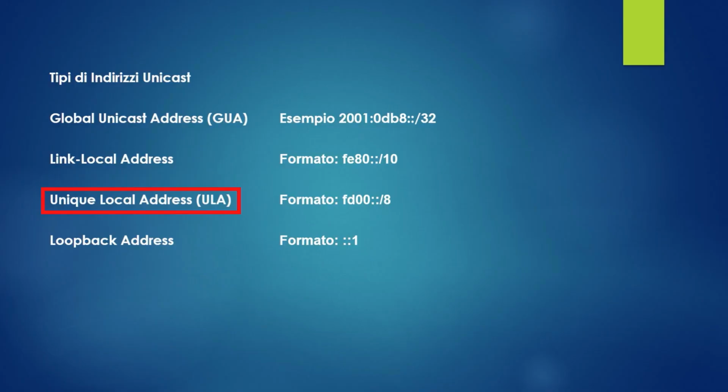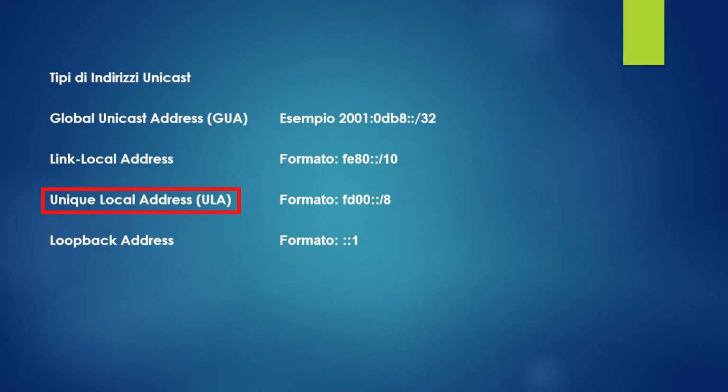ULA addresses are used for internal communication on local networks, similar to our private IPv4 addresses. They are similar, in fact, to addresses like, for example, 10.0.0.0/8 or 192.168.0.0/16. And these are also not routable on the internet, but they can be routed within the organization. So what does that mean?